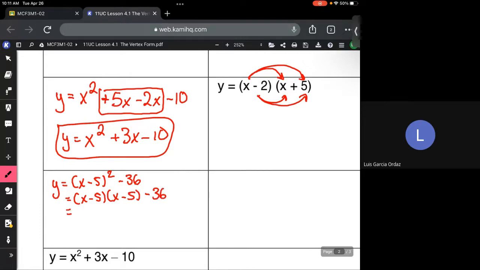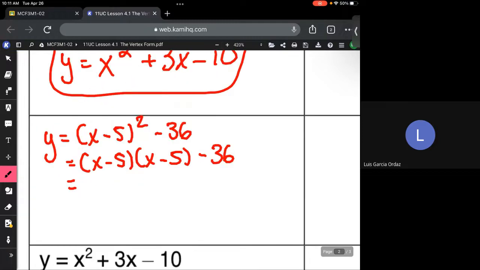So what's left when I FOIL? It would become x squared and then negative 5x, and then negative 5x, and then positive 25, minus 36. And then we just collect the like terms.